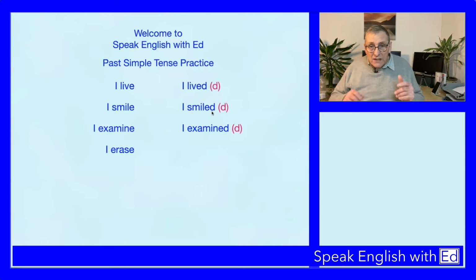When you make a mistake and you're writing and you rub it out, you erase it, or you can erase all sorts of things. So erase ends in an E, so we must add a D to make it I erased, and again it's got a D ending.